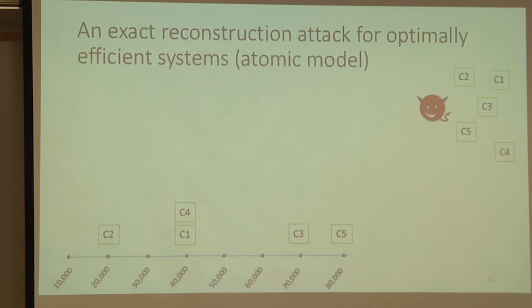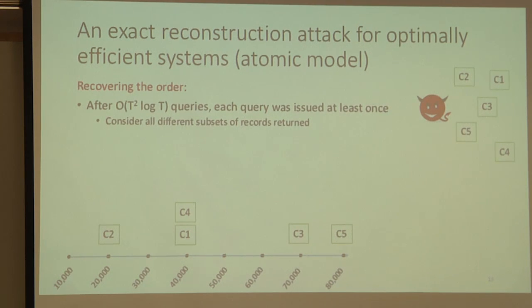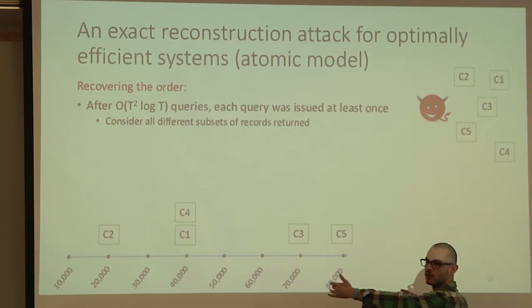So let's see how we can use the access pattern information in order to reconstruct the distribution of the records in the domain. First of all, the adversary will try to recover the order of the encrypted records. The adversary can see the ciphertext, so he can have information like this. He knows that we have 5 records in our data. What he wants to do first is to recover the order of these records in the domain, not the positions. In order to do that, it suffices to retrieve t squared log t queries, where t is the size of the domain.